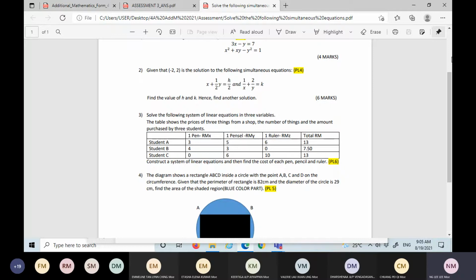Okay, so actually your marks come from question 1 and 2, except some of you like just now, for example Peiqi. She cannot get marks for question 2, but she can get marks for question 3, so I use her question 3 to help her. Okay. Teacher, I forgot to find another solution. I only found h and k. Then I didn't continue.